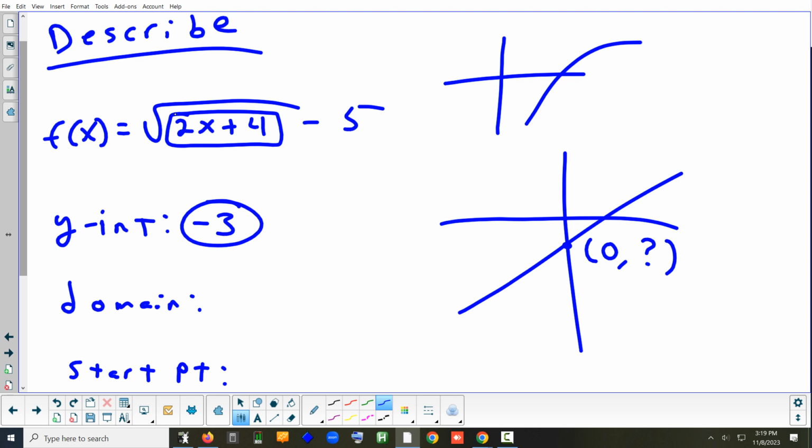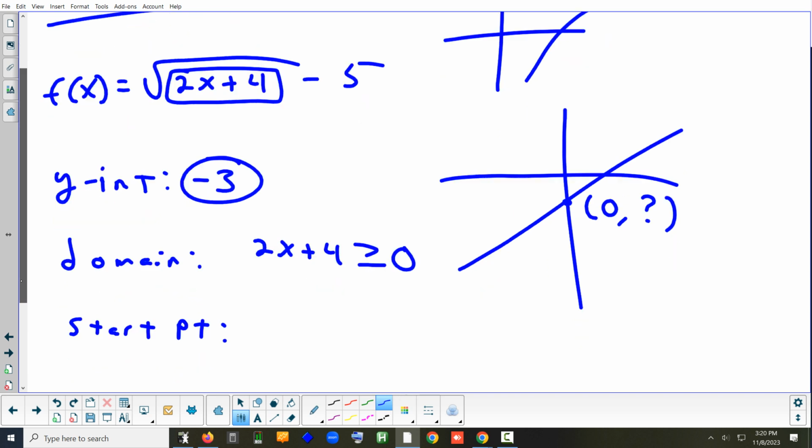It can be 0. You can take the square root of 0 and you'll get 0, so that's okay. But it can't be negative. So it has to be greater than or equal to 0. So to find the domain, make sure that your radicand is always greater than or equal to 0.